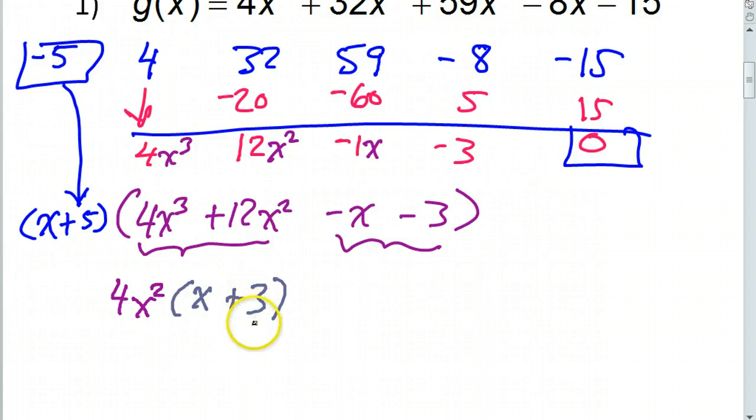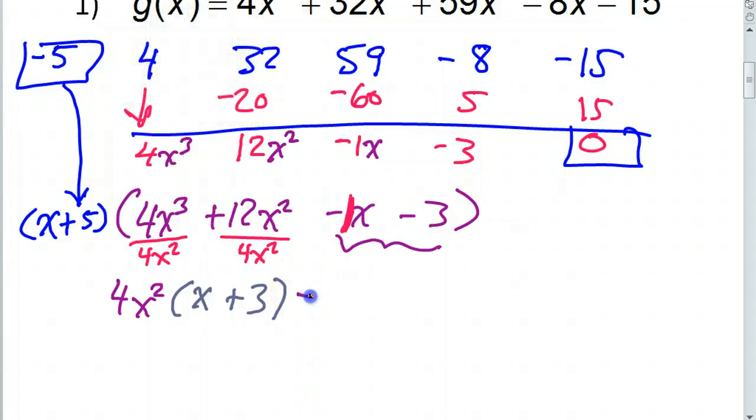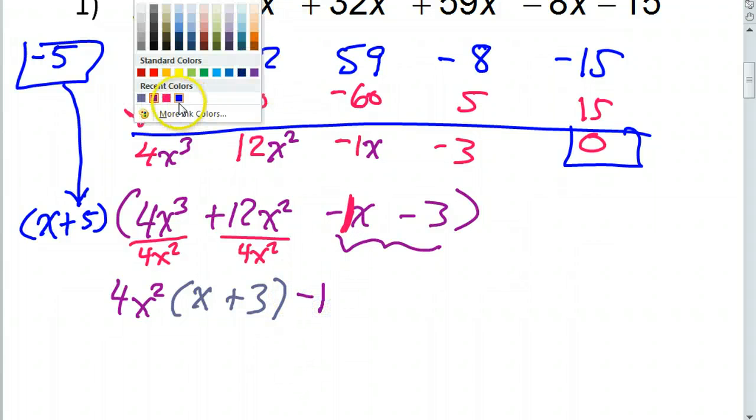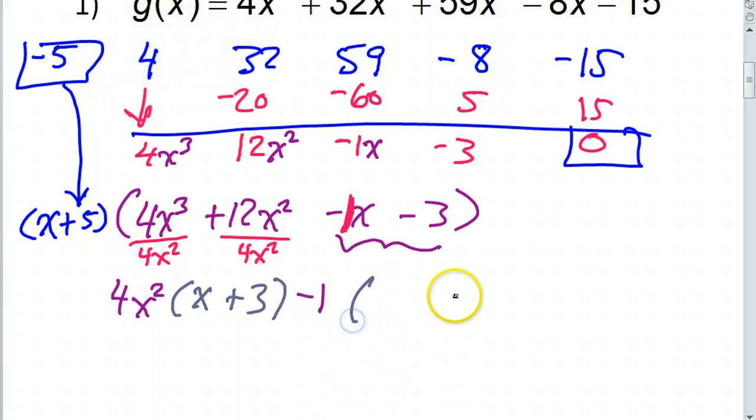Okay, on the other set, we need to pull out a GCF, but we need to treat this as a -1. So let's pull this -1 outside of parentheses. And then inside the parentheses, we will have x plus 3 again.